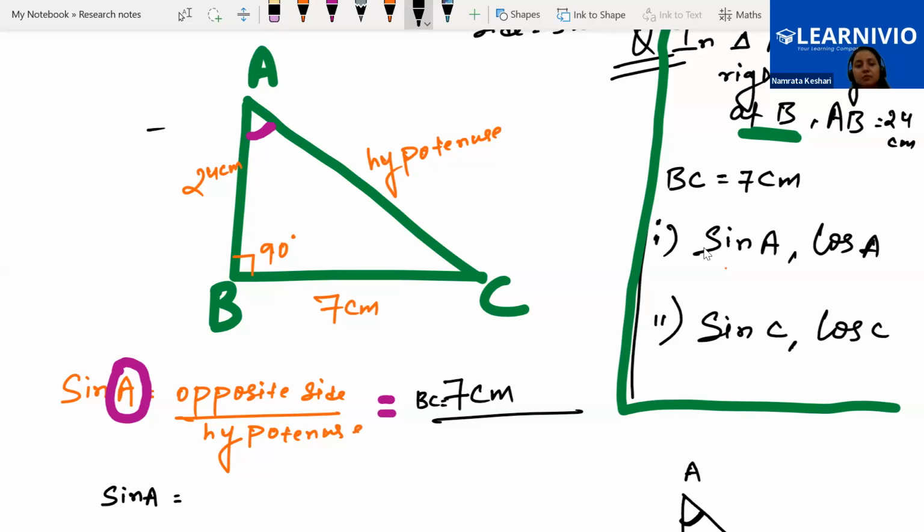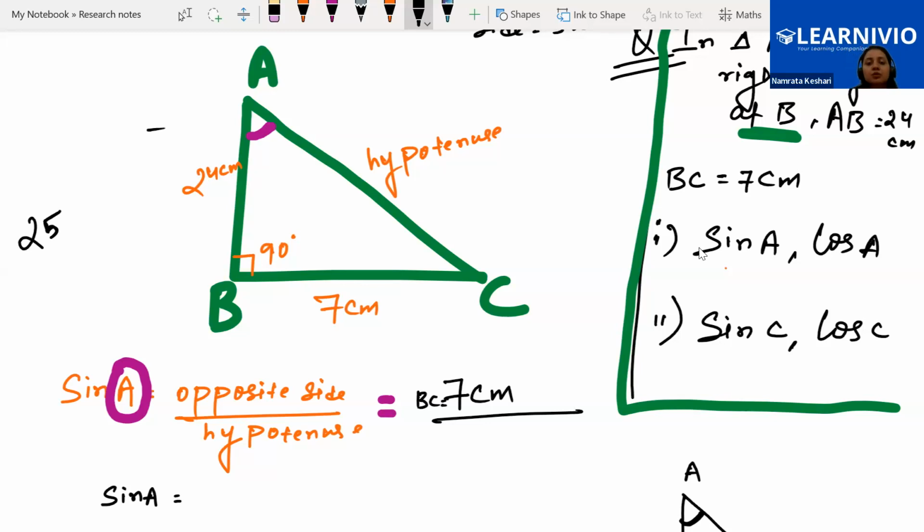Hypotenuse is 25. Everyone is getting 25. Is it so? Yes, ma'am. Yes, Sumaya, you have also got 25, right? Yes.